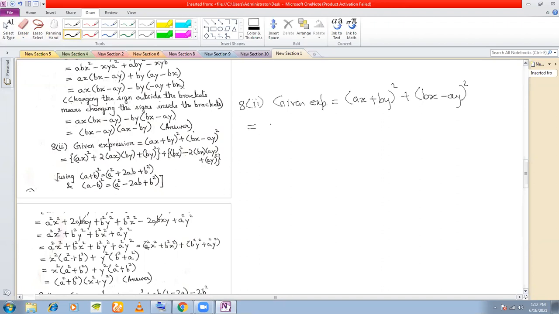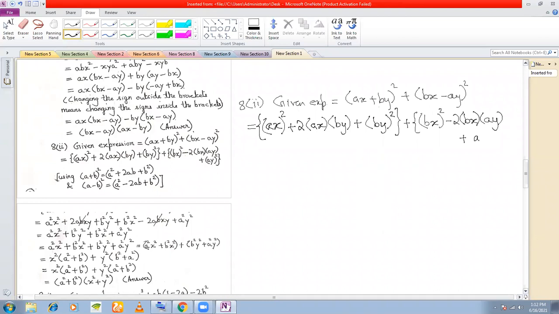So therefore we expand. We use our identity, a square plus twice ab plus b square. Keep it within curly brackets. Plus here you have a square minus twice ab plus b square.